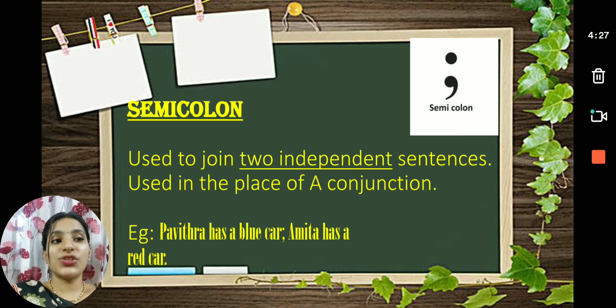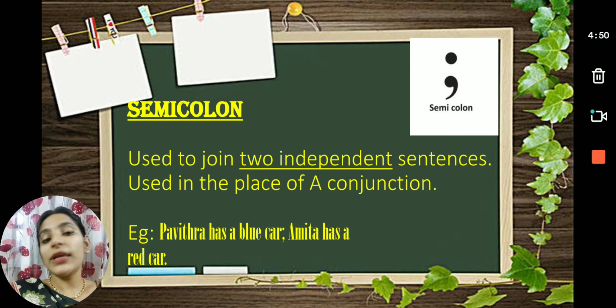Next one, we have the semicolon. It is used to join two independent sentences, in the place of a conjunction. What do they mean by two independent sentences? For example, Pavitra has a blue car. Amita has a red car.